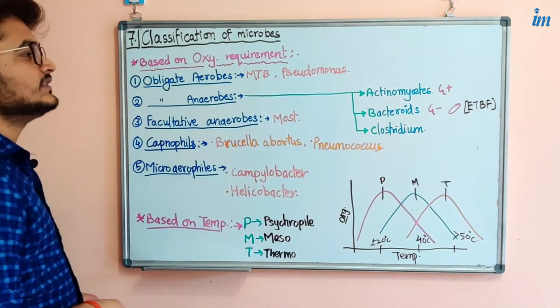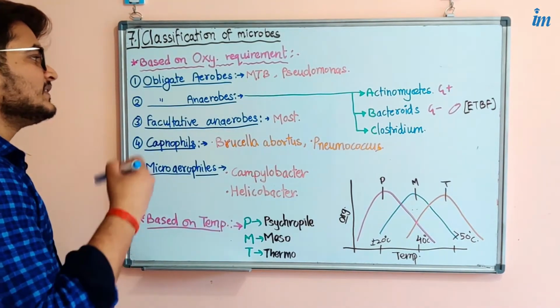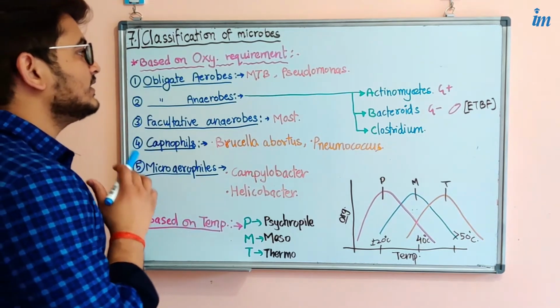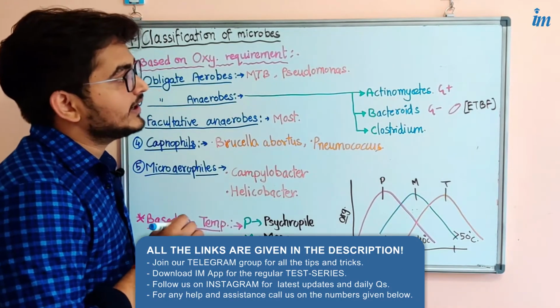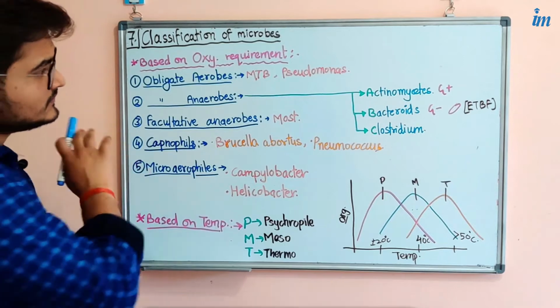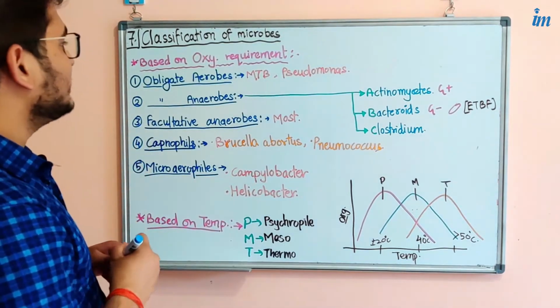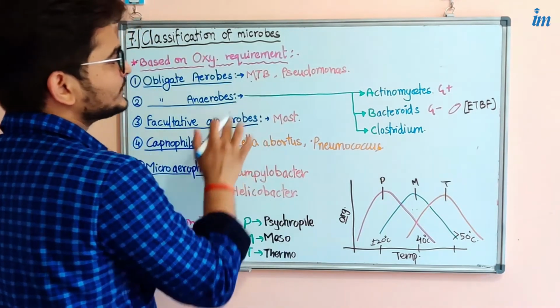I'm not writing these definitions because I hope that you all know this. Obligate means there is an oxygen requirement, and in the absence of oxygen they are unable to grow, or unable to show any kind of living property. The very famous examples are Mycobacterium tuberculosis and Pseudomonas.